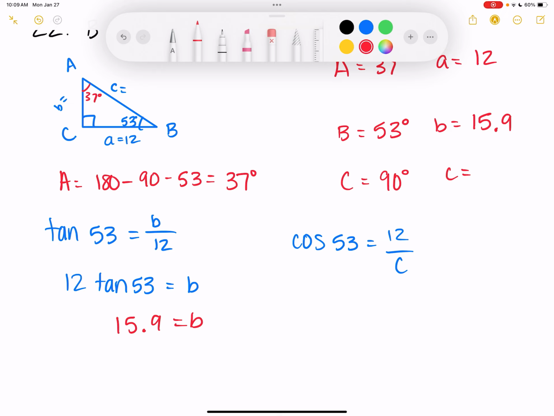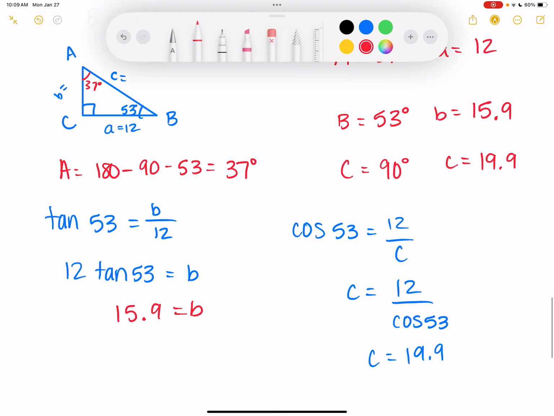So C equals 12 divided by the cosine of 53. And so C is 19.9. That's what I got. Me too. So that's that side length there.